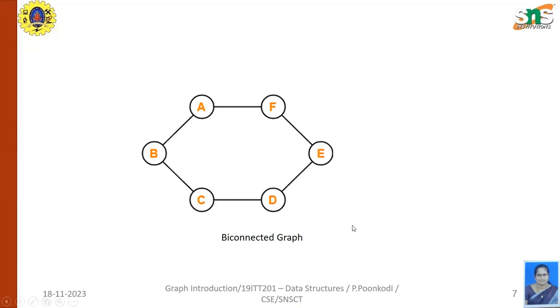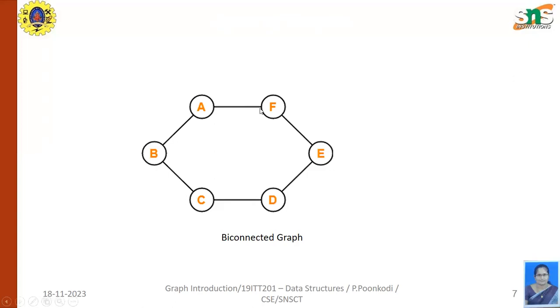The next one is the biconnected graph. A biconnected graph is a kind of graph which is used to visit all the nodes in the graph. If you remove any one vertex from the graph, the rest should still remain a connected graph.